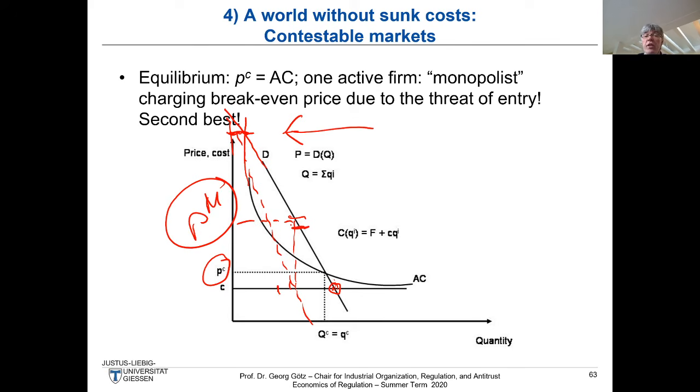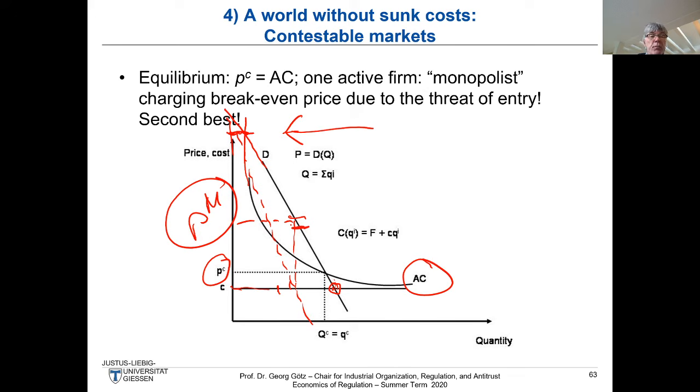Josco states that these are remarkable results. And what is so remarkable about that? Even though we have a natural monopoly, even though we have decreasing average cost, we get a result which is second best. What does second best mean? Of course, it's not first best, because first best means price equal marginal cost.